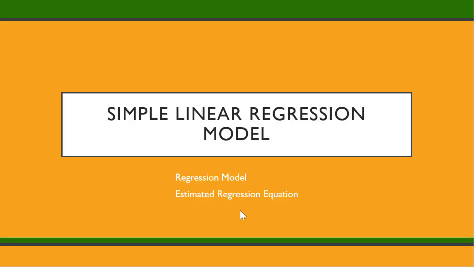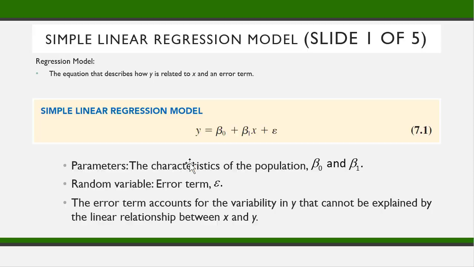So the first thing we're going to talk about is the simple linear regression model. When this model gets calculated, it's usually written in the following form: y is equal to beta naught plus beta 1 times x plus e.